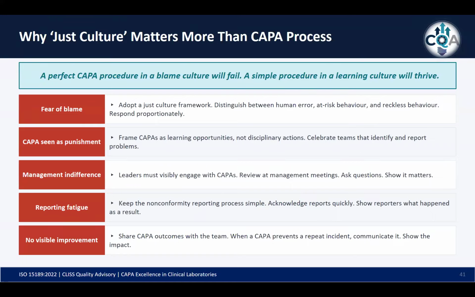Number 3, management indifference. Leaders must visibly engage with CAPAs. They must review at management meetings, ask questions, and show to the team that it matters. In most cases, leaders, the lab directors, the lab managers will say this is a quality office thing.